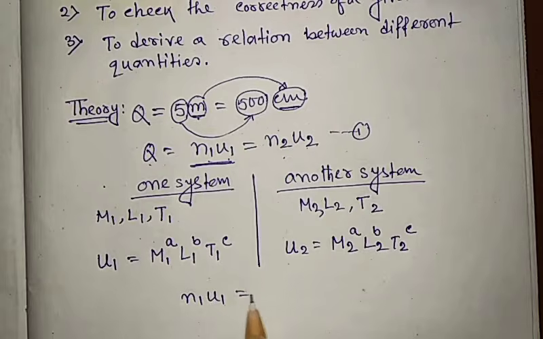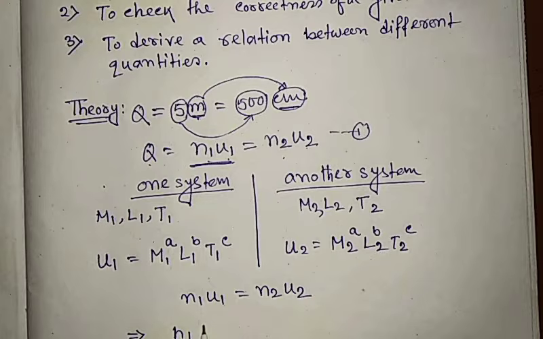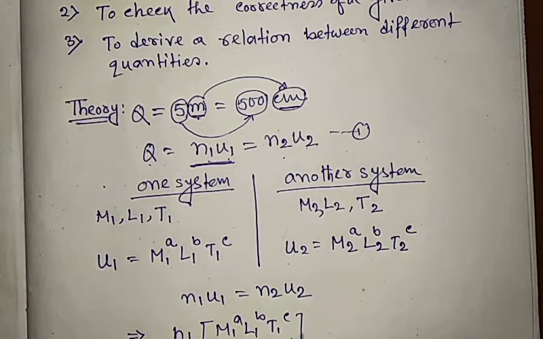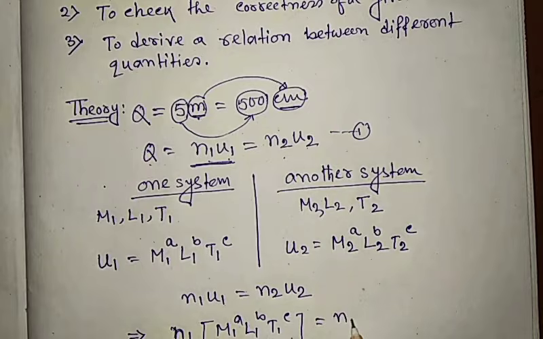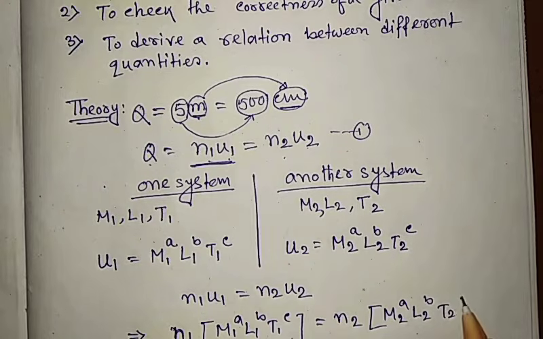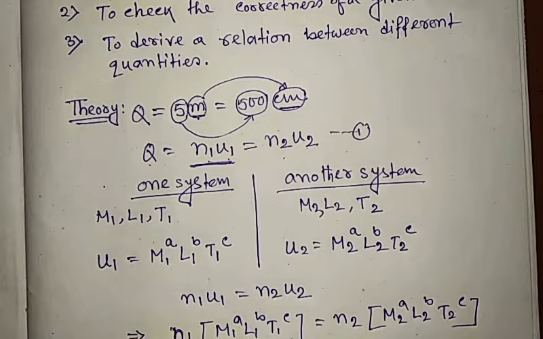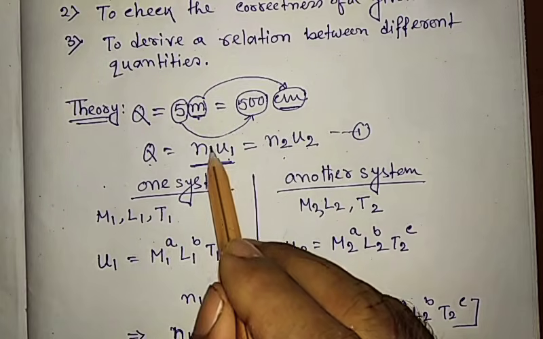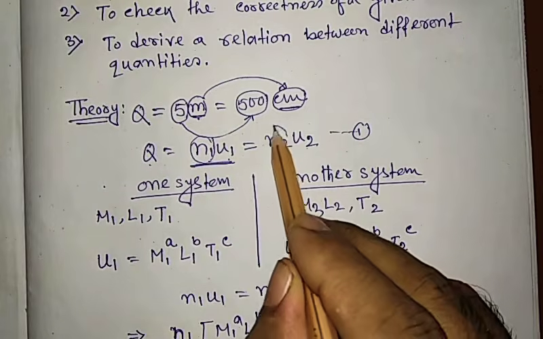Now according to equation 1, N1 U1 is equal to N2 U2, which implies N1 M1^A L1^B T1^C is equal to N2 M2^A L2^B T2^C. Now, suppose N1 is known to you and N2 is unknown.